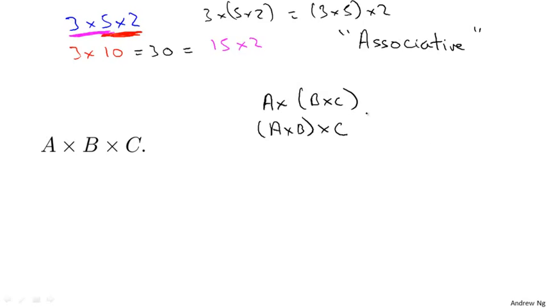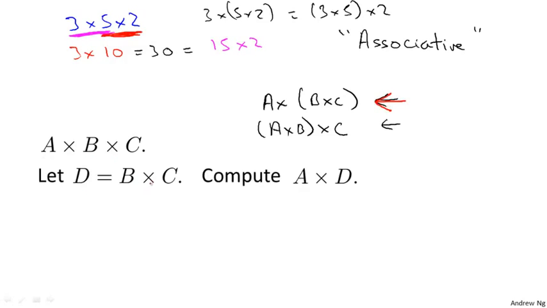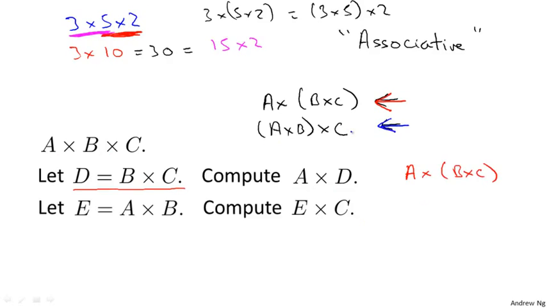Just to be clear what I mean by these two cases, let's look at the first one. If you want to compute A times B times C, you can first compute B times C, so that D equals B times C, then compute A times D. And so this is really computing A times B times C. Or, for the second case, you can set E equals A times B, then compute E times C, and this is then the same as A times B times C. It turns out both of these options are guaranteed to give you the same answer.